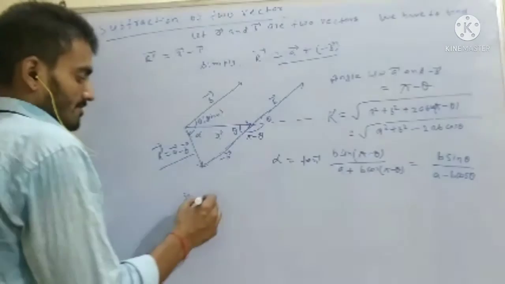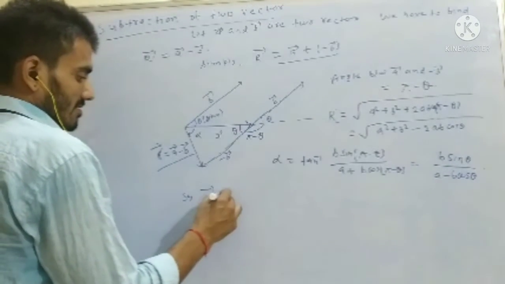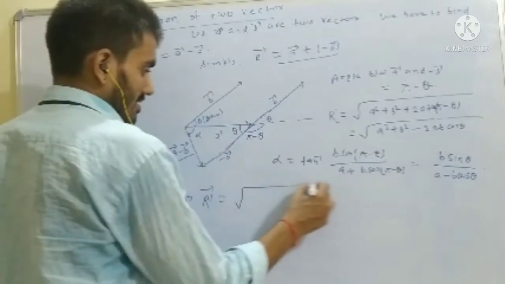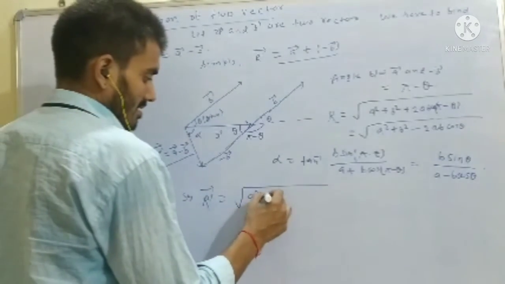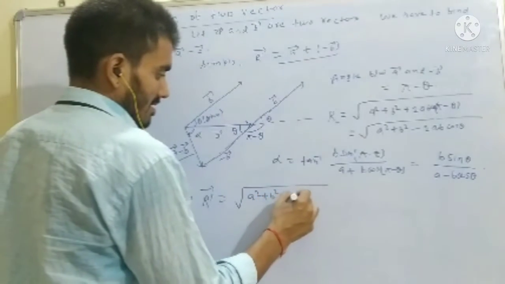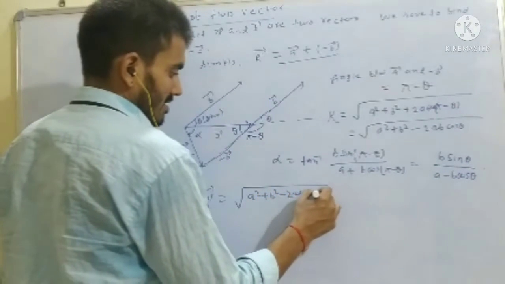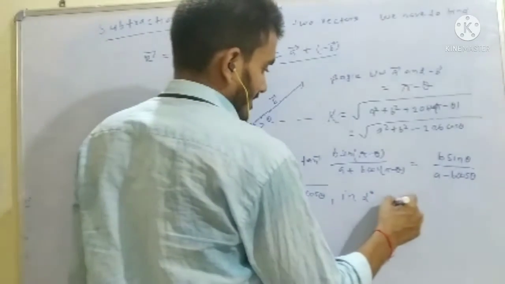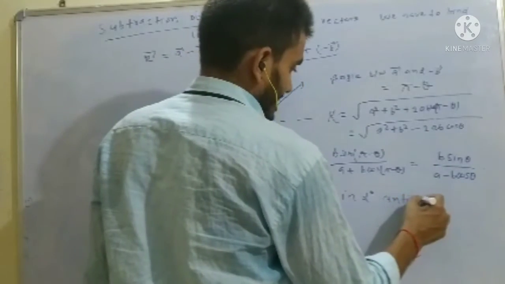So vector r dash has magnitude with cos theta, at alpha degree in the anticlockwise direction.